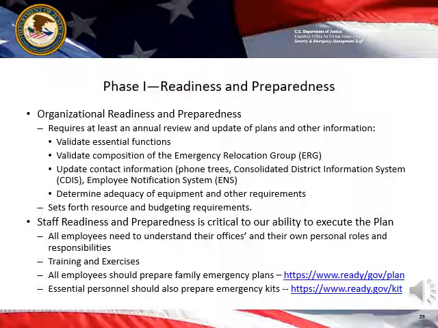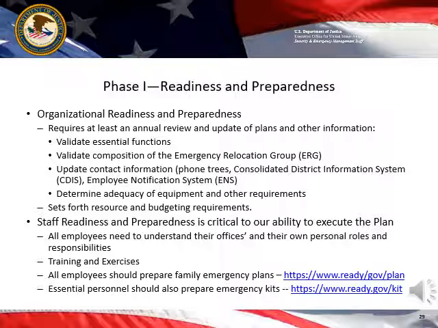The first phase of any continuity situation will always be maintaining the preparedness of the organization and employees. EOUSA focuses on 2 key areas: organizational readiness and preparedness, and staff readiness and preparedness.